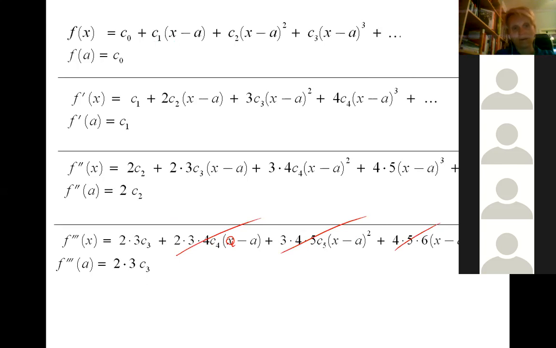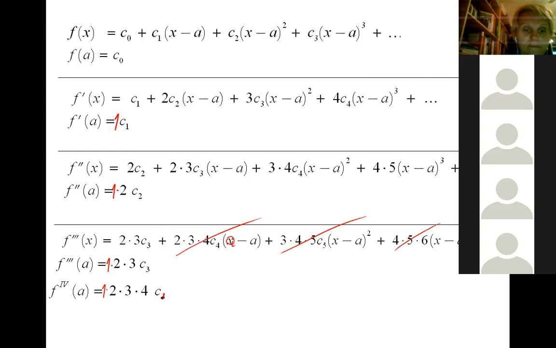The first derivative was 1 times c sub 1. The second derivative is 1 times 2, c sub 2. The third derivative is 1 times 2 times 3, c sub 3. The fourth derivative will be 1 times 2 times 3 times 4, c sub 4.